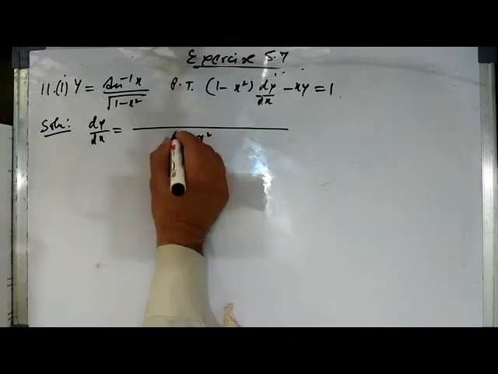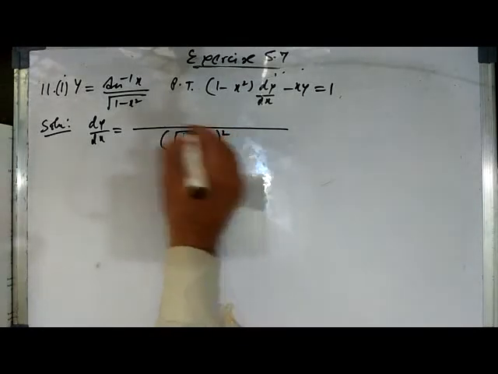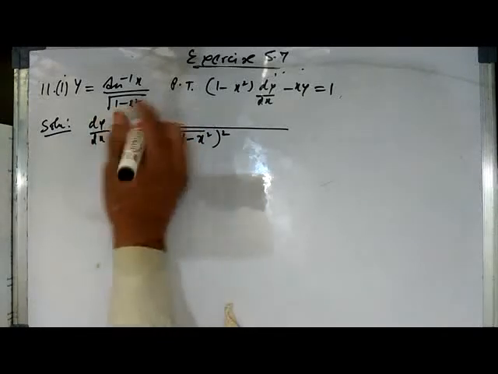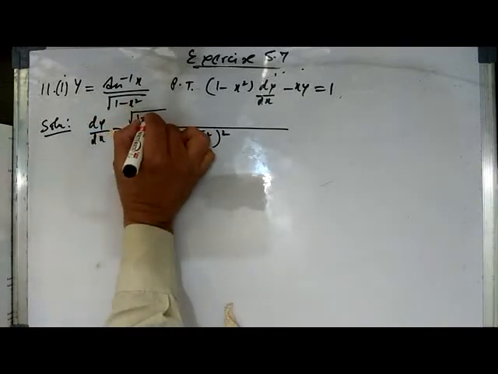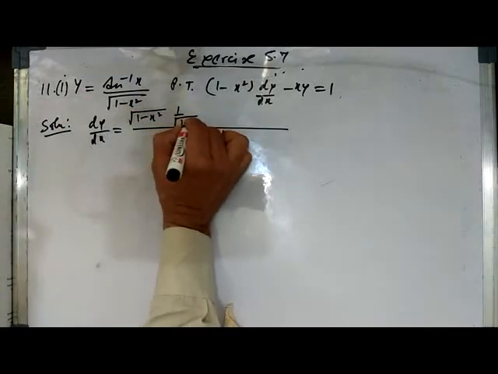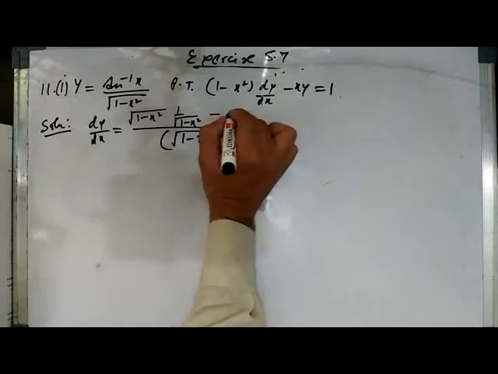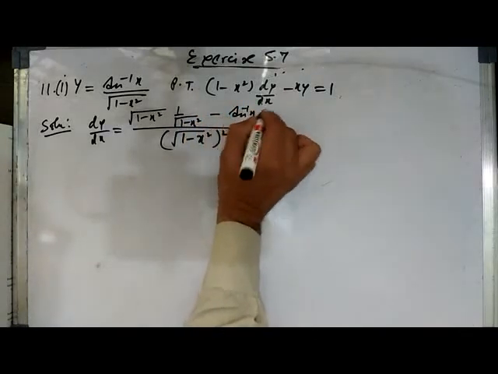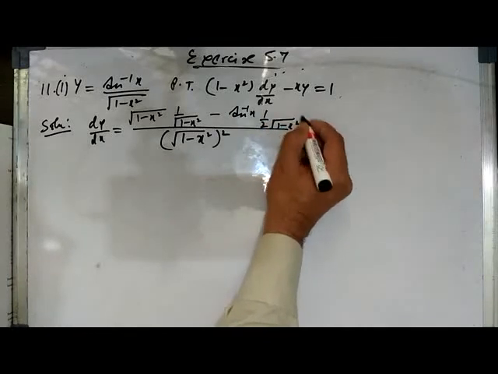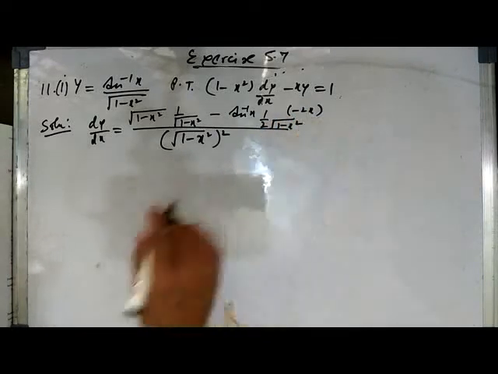Under root 1 minus x square whole square, into root 1 minus x square, the differential of numerator function, minus sine inverse of x into the differential of 1 upon 2 root 1 minus x square and minus 2x.